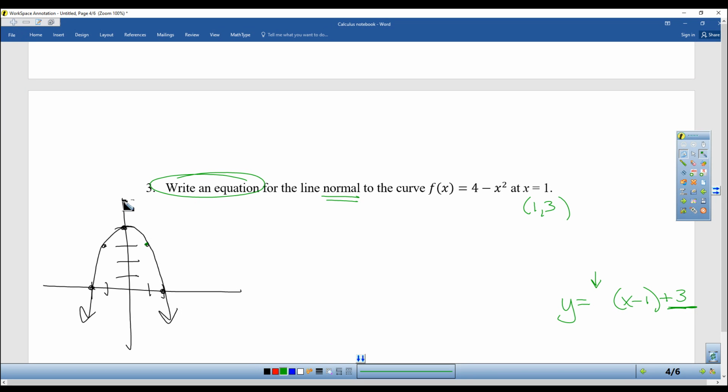A tangent line would look like this. It would just barely skim the point. The normal line is just perpendicular to the tangent. So the normal line is going to be this one.